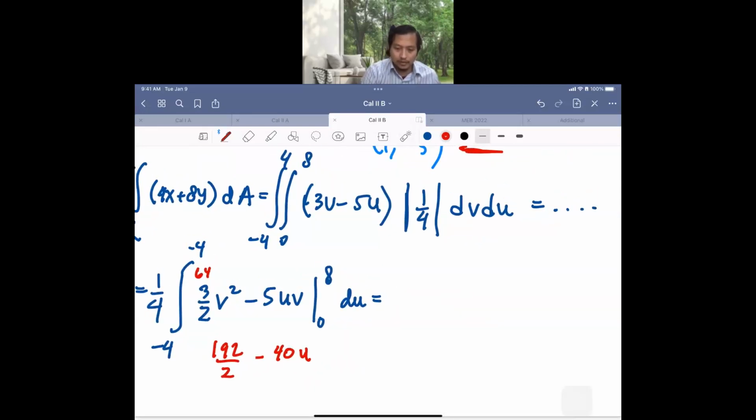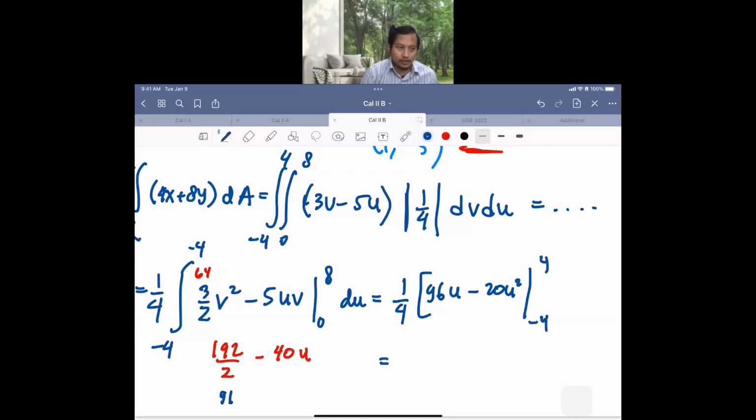Okay, and then integrate. Oh, this is 96, right? So 96u minus 20u squared, from negative 4 to 4.